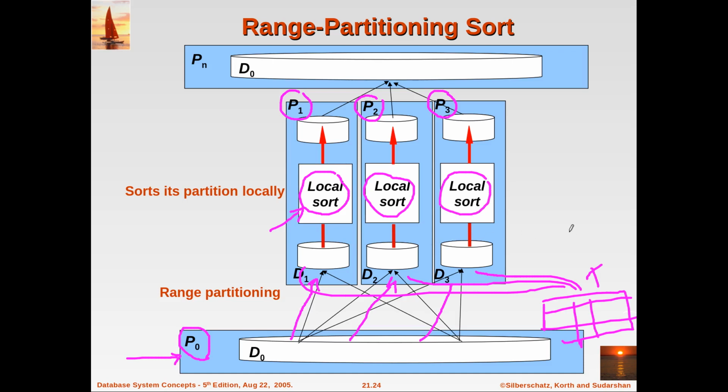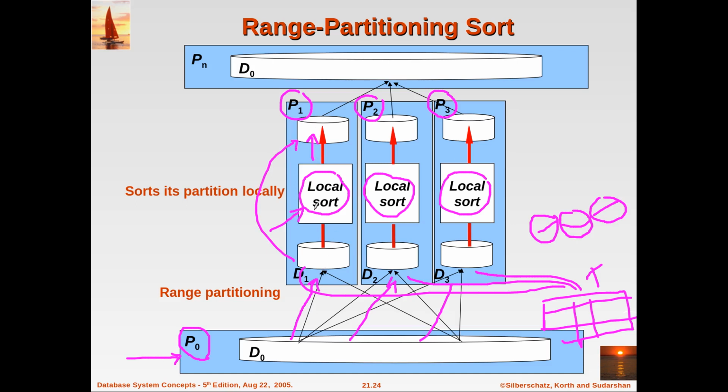As you know, with range partitioning, we have less than 50, 50 to 100, and above 100. The values less than 50 are in sorted order, the values from 50 to 100 are in order, and the values above 100 are in correct order. So D1 has the tuples, they are sorted locally, and they are stored again on the same disk.